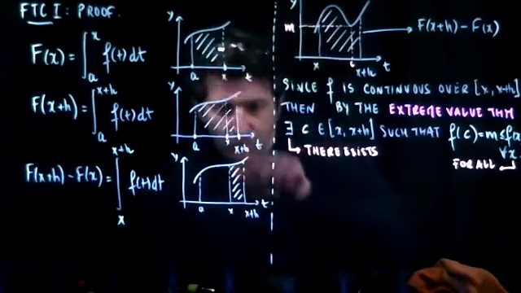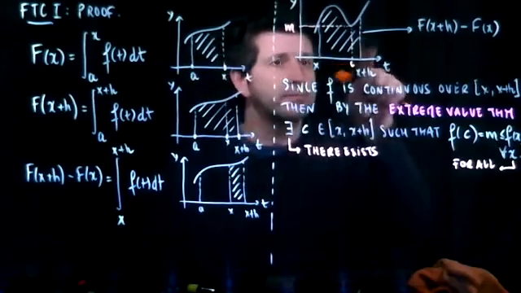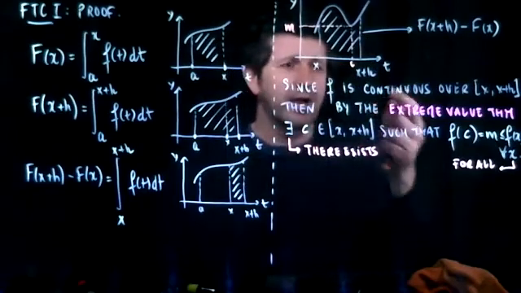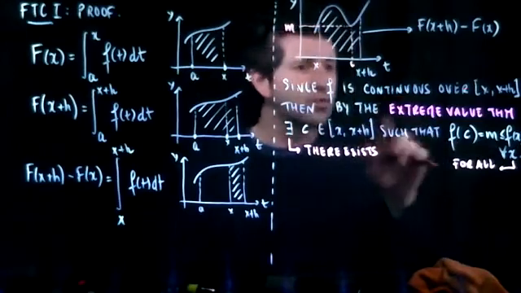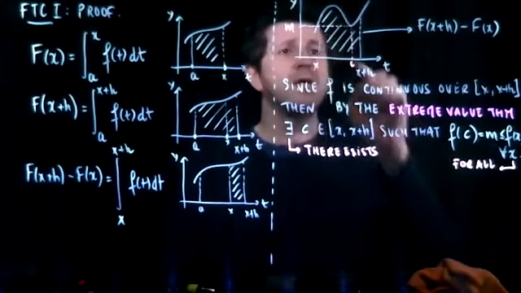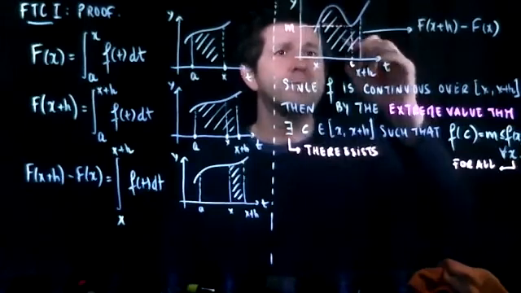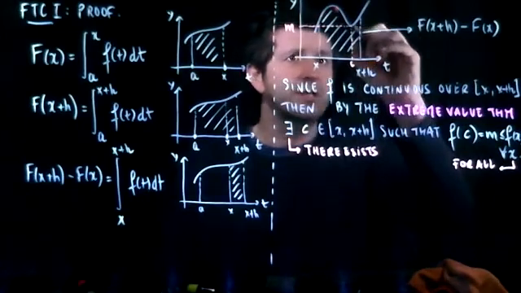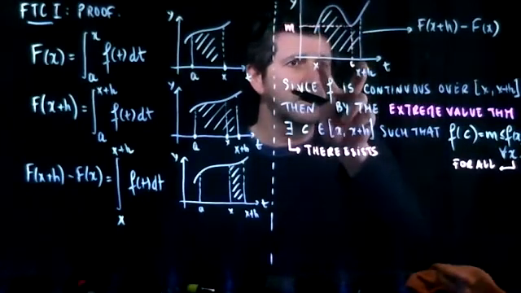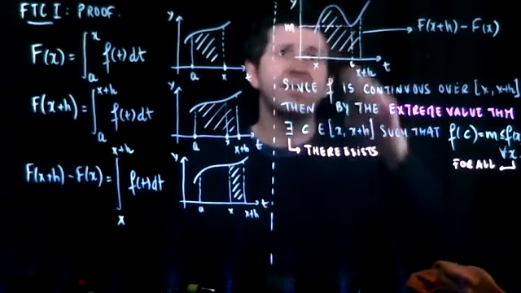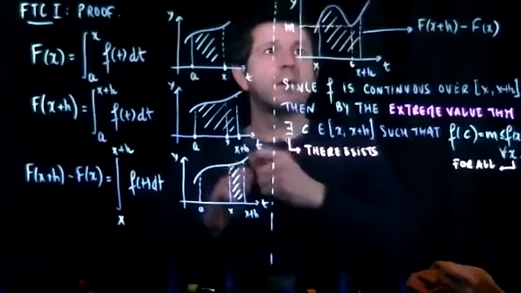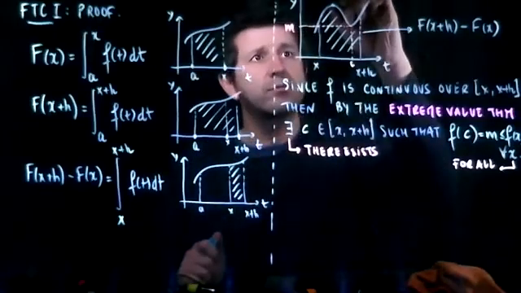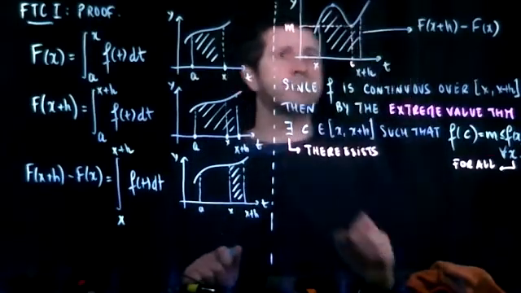Then I zoomed into this area. And then I came in with my brilliant idea to use the extreme value theorem, which tells me that since the function is continuous over an interval, it reaches a maximum value and it reaches a minimum value.